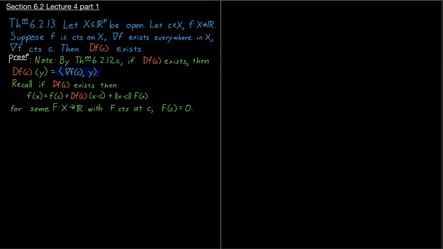So now let's start on the proof proper. Let's write down what our capital F has to be, and then we'll show that it satisfies all the properties we need it to have. So we're going to define L of y as the inner product of grad f of c with y.